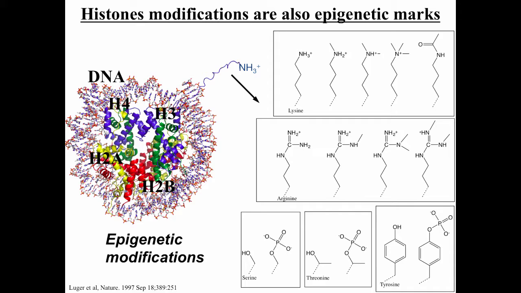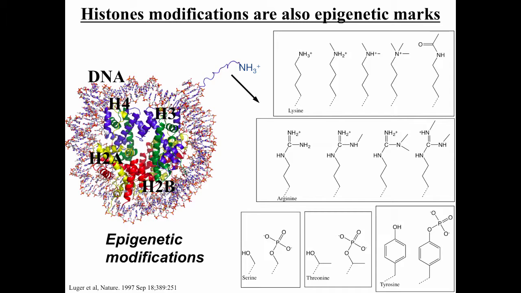So here are just some examples of histones that can become modified. Typically, it's the residues located on the N-terminal tails that become covalently modified, also known as post-translational modifications or epigenetic modifications. For example, lysines on histone proteins can become methylated, so you can add one, two, or three methyl groups.